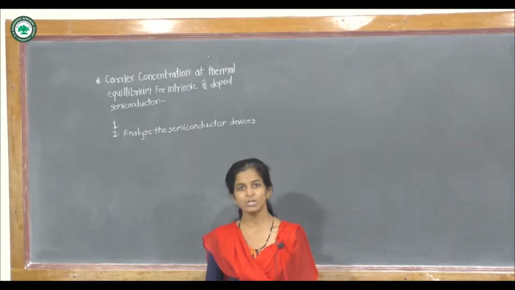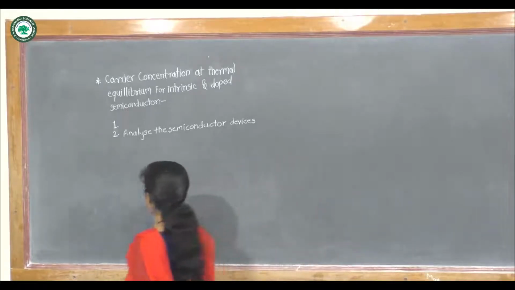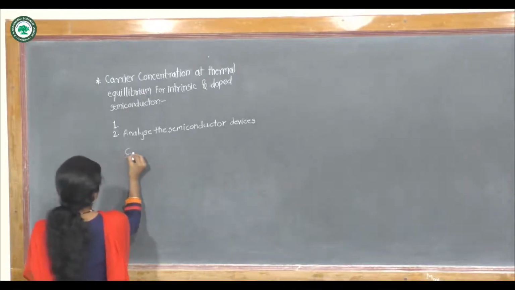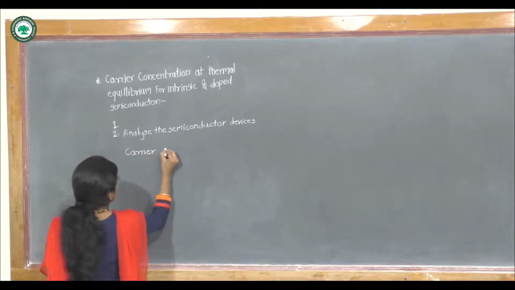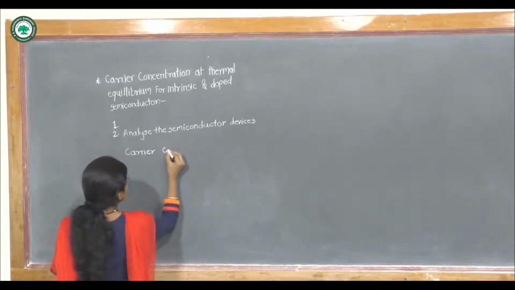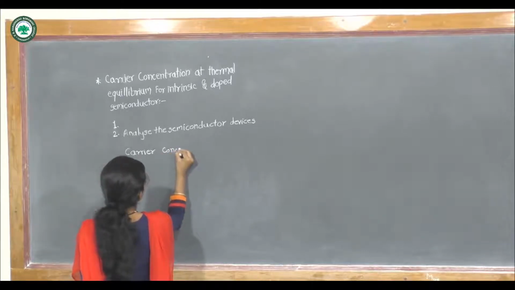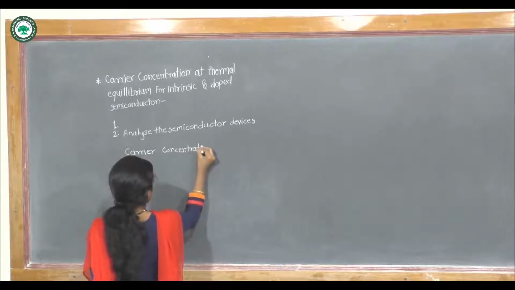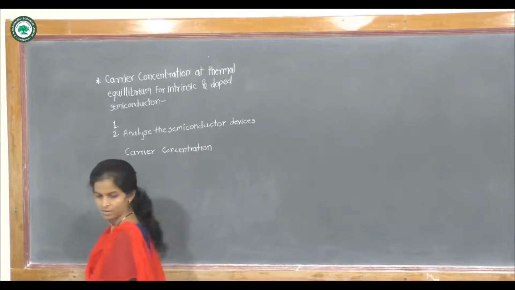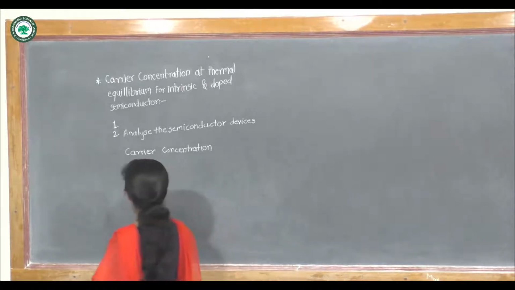So in order to study the carrier concentration, one has to know the following points. The first point is the Fermi-Dirac distribution function.